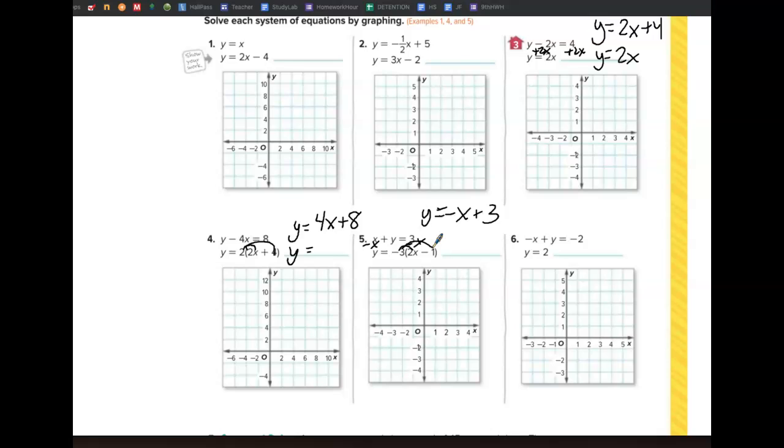On number 6, is y by itself? No, so what do I do to get y by itself? This one I'm going to add x because it's a minus x. So I get y equals x minus 2. On number 6, it's y equals 2. What's your y-intercept? 0.